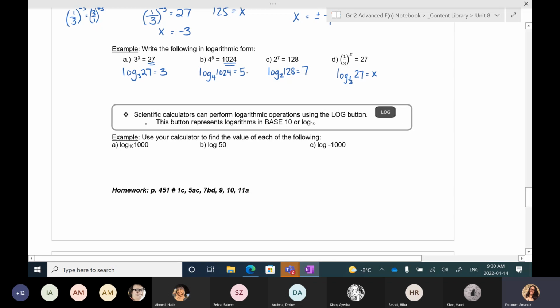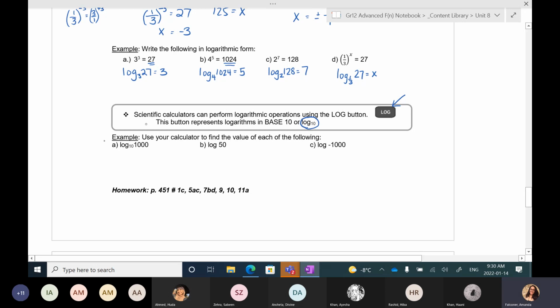So scientific calculators can perform logarithmic operations using the log button. So look for that on your calculator. This button represents logarithms in base 10 or log 10. Okay.